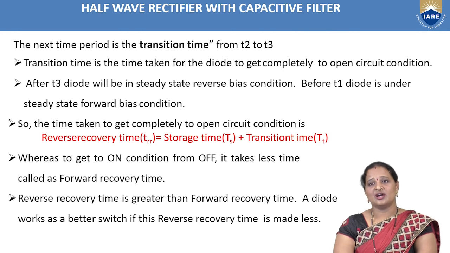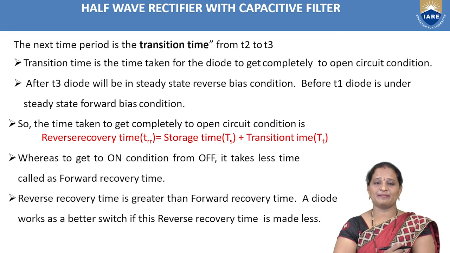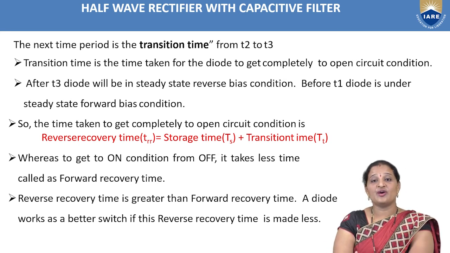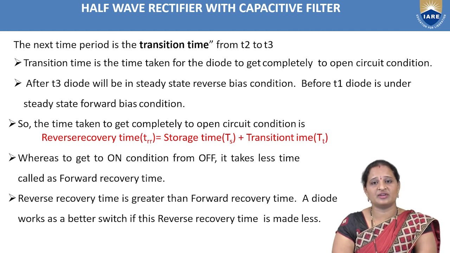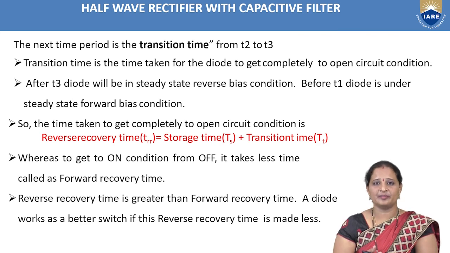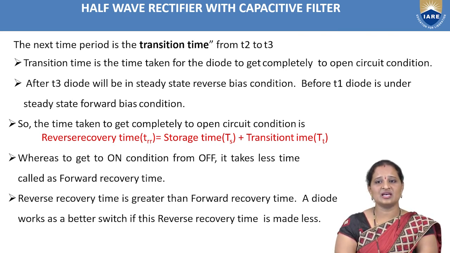A major application of this diode is as a switch. In order to use this diode as a switch, we have to make the reverse recovery time as small as possible, so that the switching can be done faster, and hence we can use it as a switch.